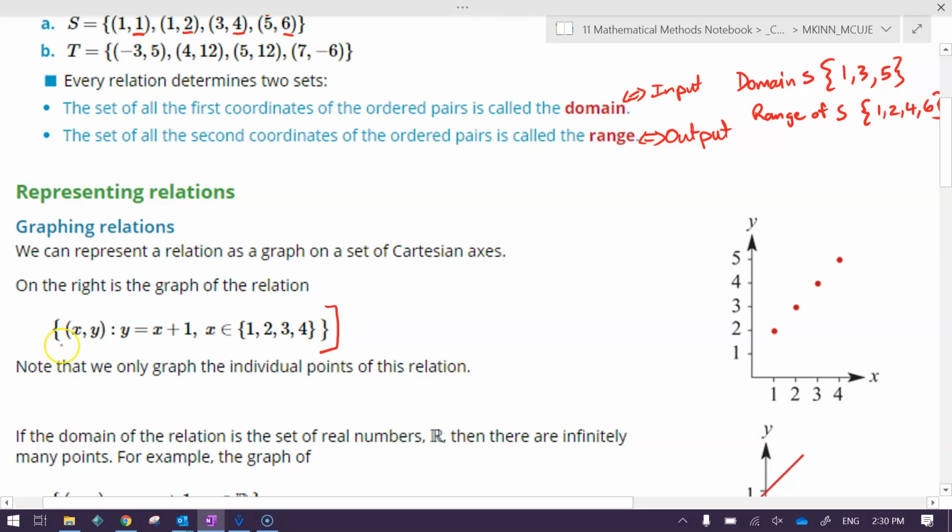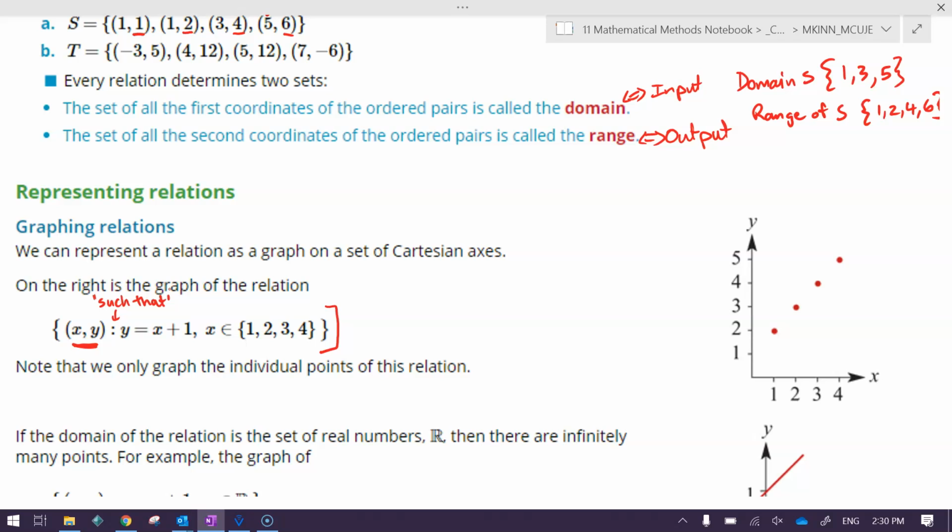So that rule is saying I have a set of ordered pairs, x and y. How do we read the little colon? We read it as "such that". So I want the set of ordered pairs such that the y value is always equal to x plus 1.